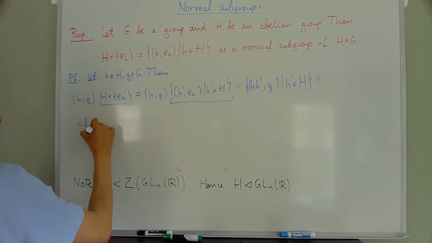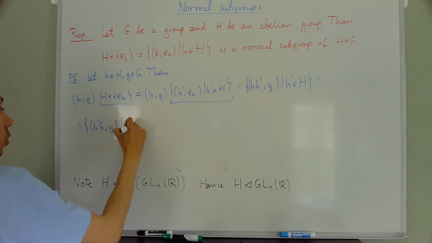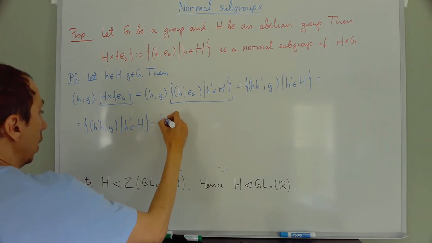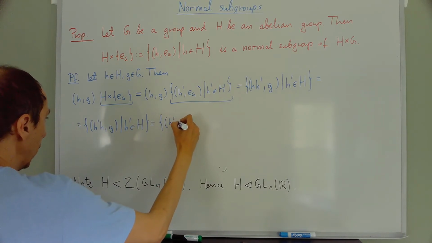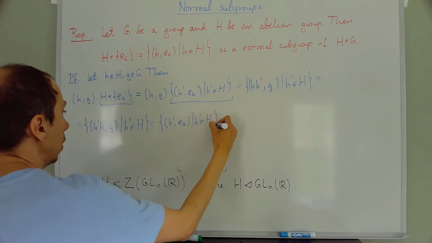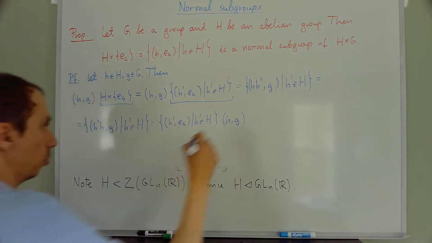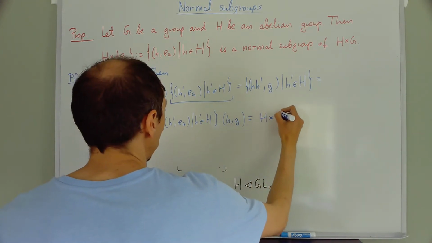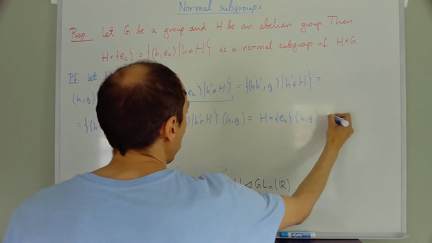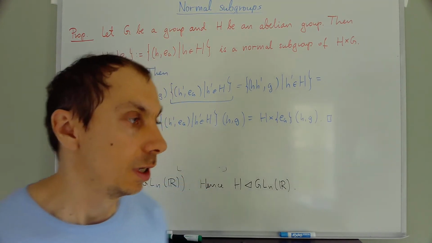So this is equal to (h h prime, g), as h prime is in H, which gives me (h prime, identity), as h prime is in H, times the element (h, g). Which is nothing else but the right coset. All right, so this proves that that is a normal subgroup.